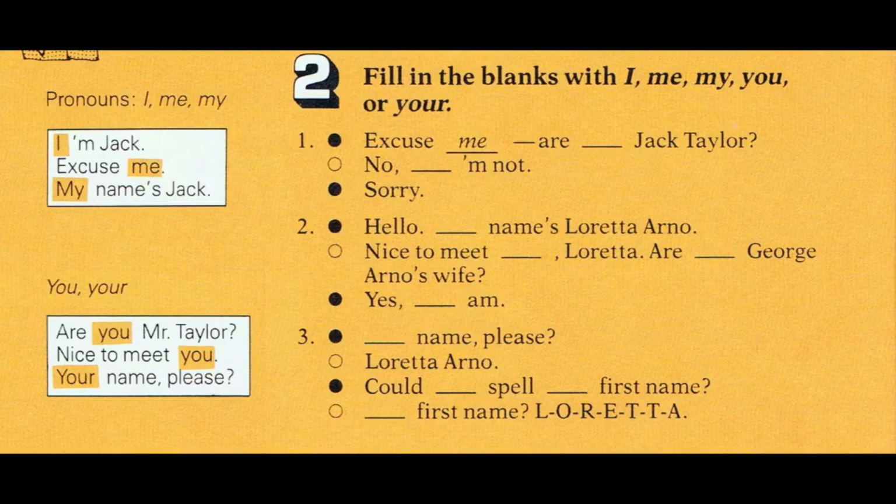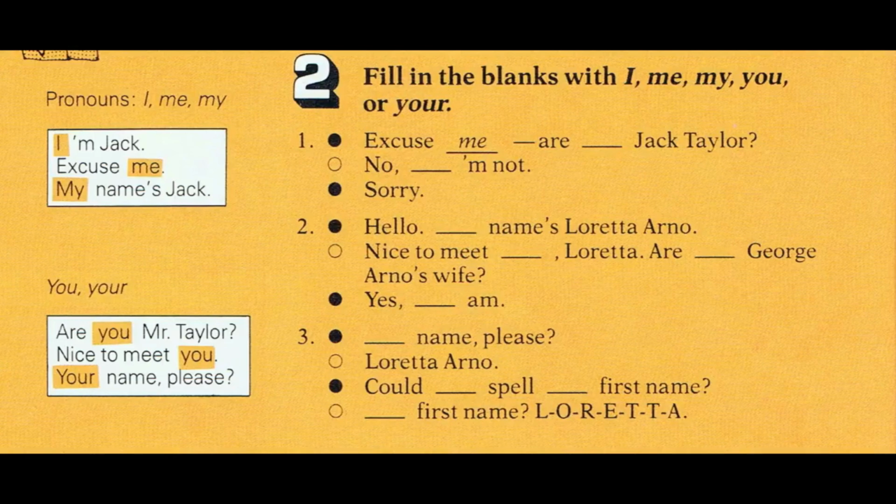Well, we have some examples in the boxes. Let's pay attention to those sentences. Pronouns. I, me, my. I'm Jack. So I is a subject, the doer of the action.